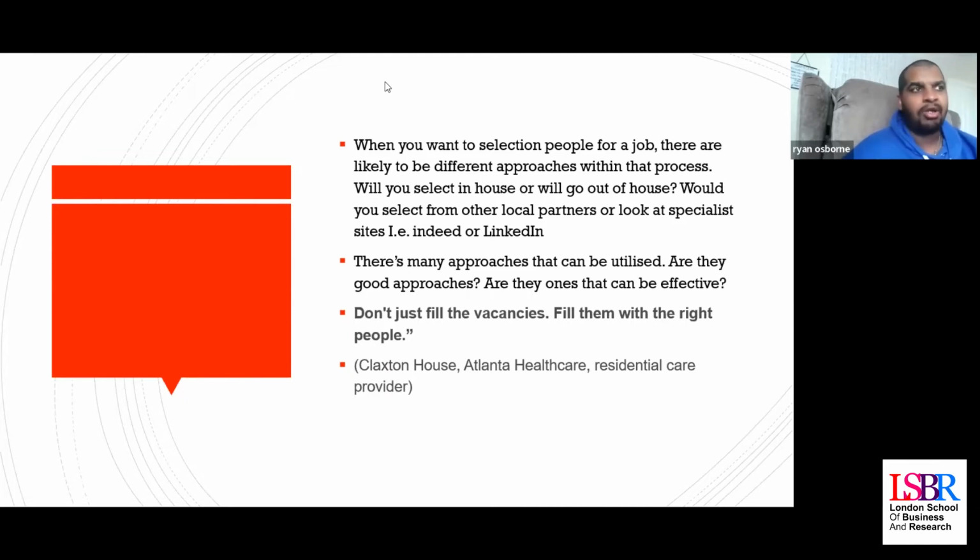Let's say you work in a hospital and you have a position for a surgeon. You may look at another hospital and approach a certain surgeon who is well known in those circles. Or there's something called talent pools as well.